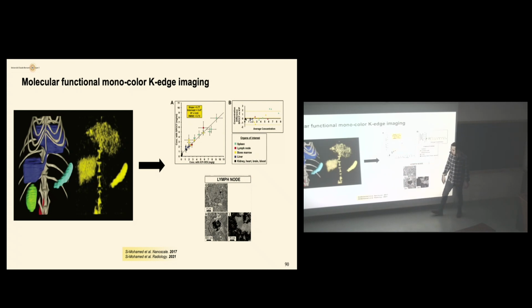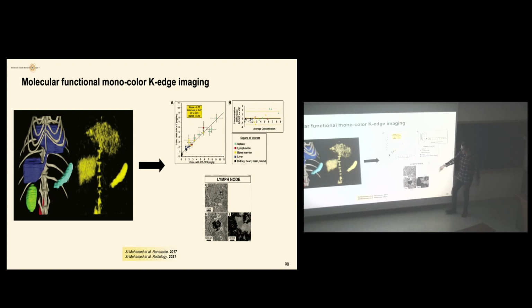And this study is really important. This is the starting point of how you can use spectral photon-counting CT to quantify with high accuracy in comparison to the method of reference.